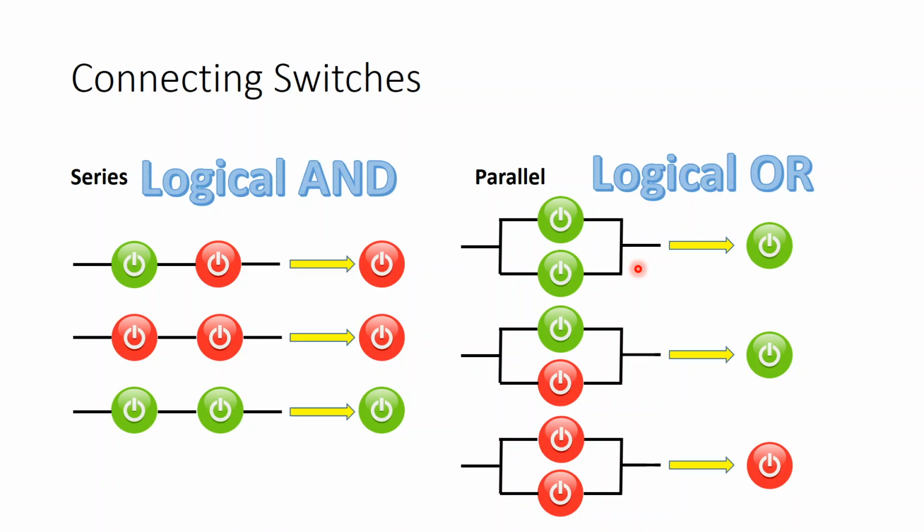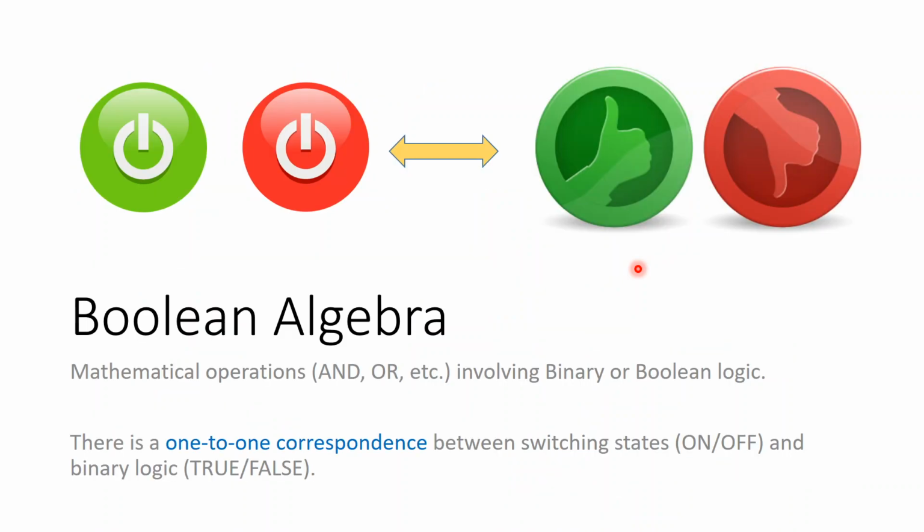All this manipulation using logical AND and logical OR operators is taken care of by a system known as Boolean algebra or binary logic system. Boolean means binary. So the Boolean or binary logic of AND and OR is dealt with in a system of algebra, a mathematical system.